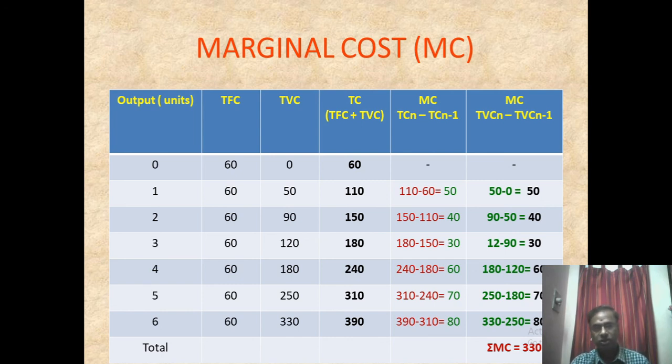Right? So from this schedule, we understand that as the level of output increases, TFC is constant, TVC increases, and the TC also increases. And MC is U-shaped.